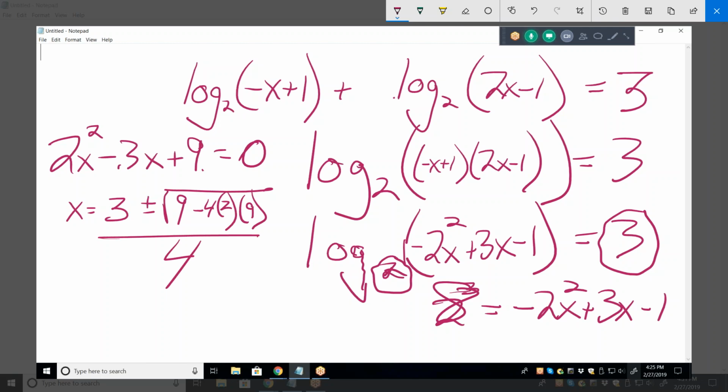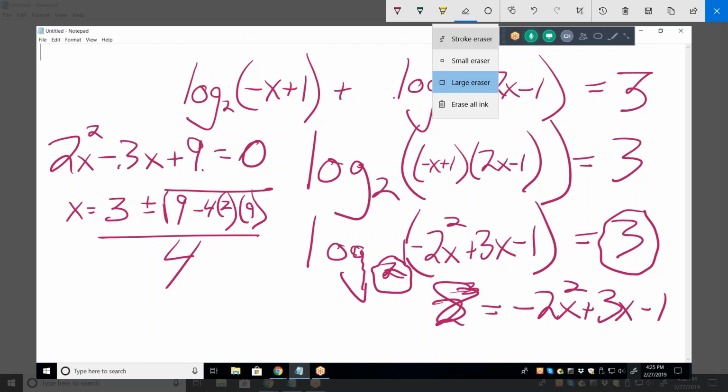Notice that the discriminant, the part that's inside the radical, is negative. So it's an imaginary solution. You can't put imaginary numbers in for x. You've got to have real numbers. So I guess I would have to say that this has no solution.